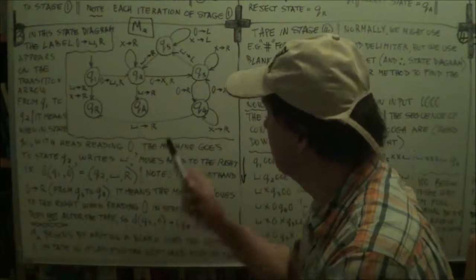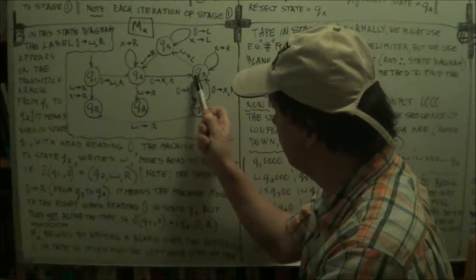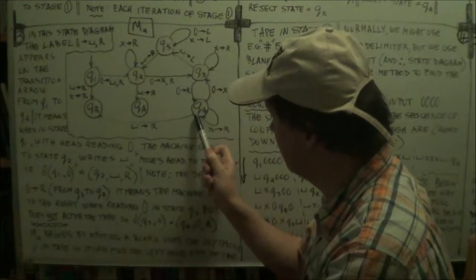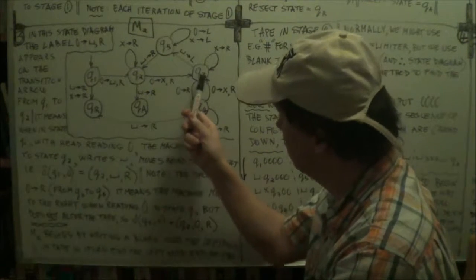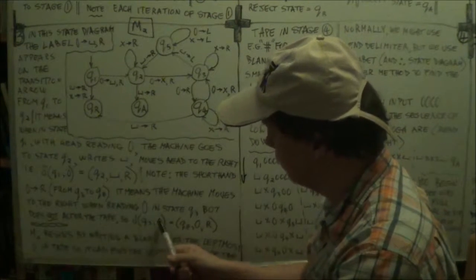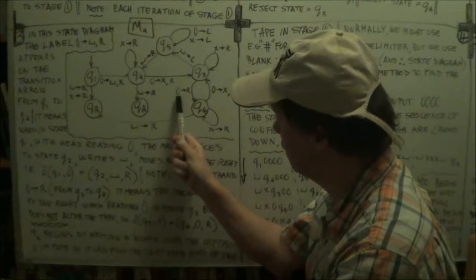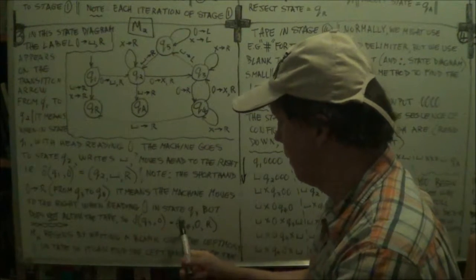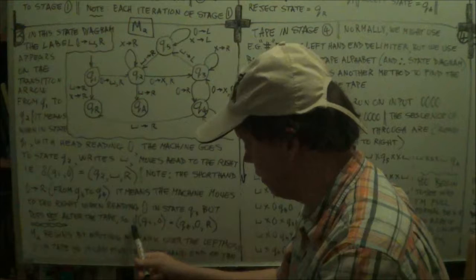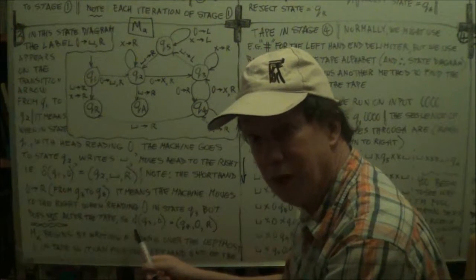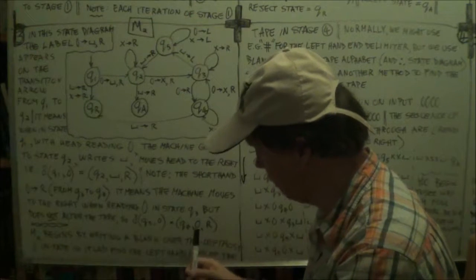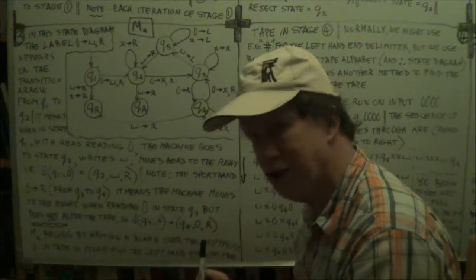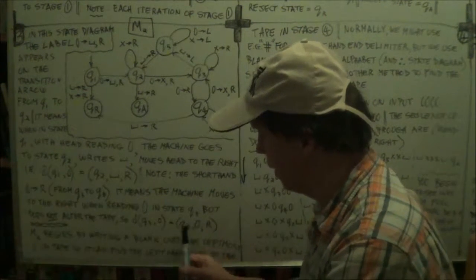Okay, so from this state, we can write that in terms of a transition rule, and here it is. You're in state Q3, the current state, and you're reading a 0. Then the transition function in that situation will return the ordered triple, a set of instructions, to do 3 things.